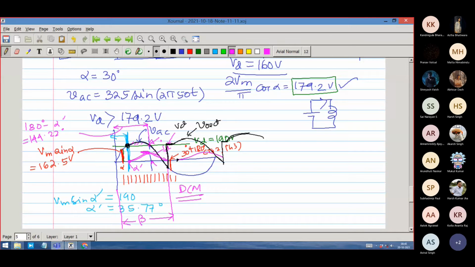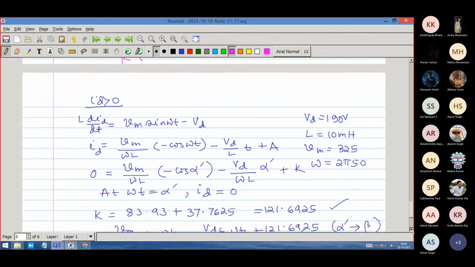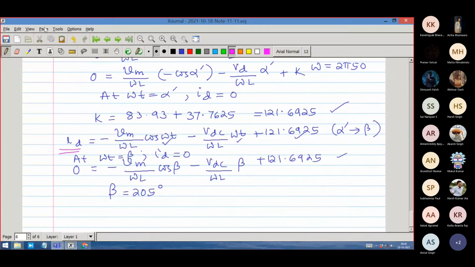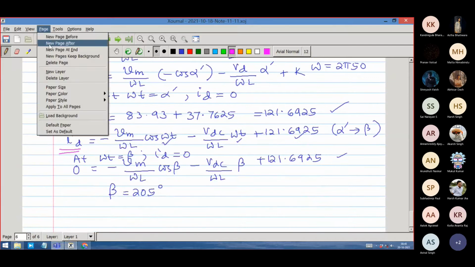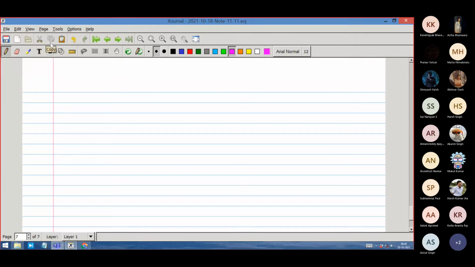So let us do the integration and find out what is the peak value here. We can do the integration from L di by dt. So I have done it that way. di is equal to whatever voltage is coming across the inductor, integrated from alpha dash by omega to pi minus alpha dash by omega, and this is the inductor voltage.